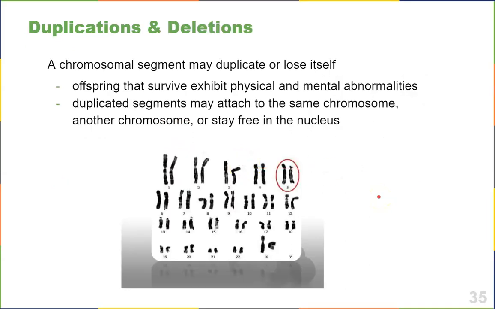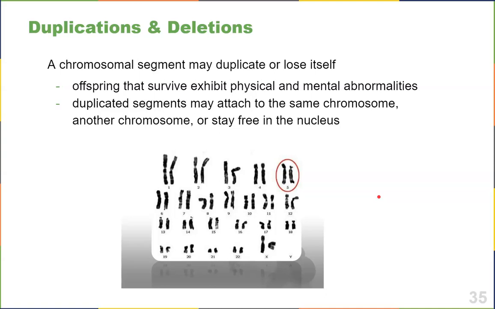Okay, so that was aneuploid disorders, where we have an extra chromosome or a missing chromosome. Now we're going to look at euploidy disorders, where we have the normal 46 chromosomes, but something is happening with one of the chromosomes that's not normal.